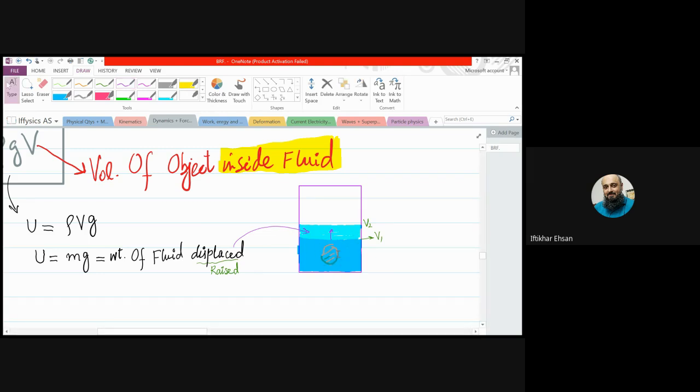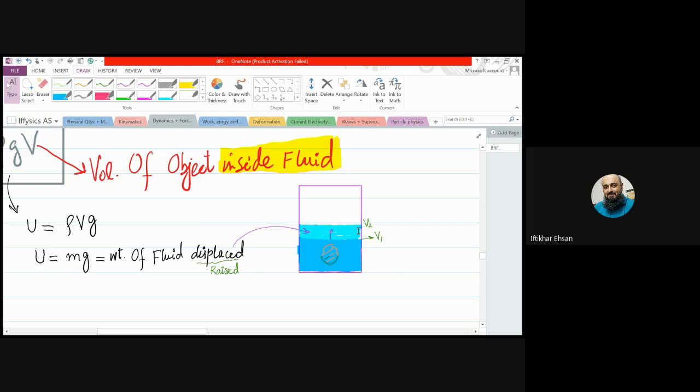The larger the volume of the object, the larger the volume of water that will rise. And the weight of this water which has been displaced will be equal to the upthrust. So beta, if we want larger thrust on any object, it should displace as much water as possible.